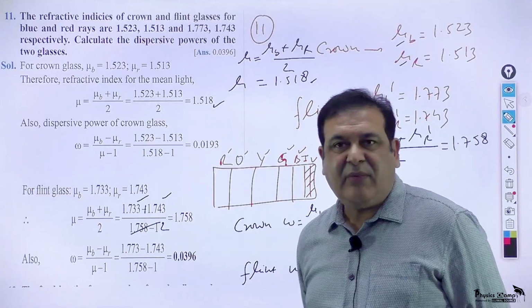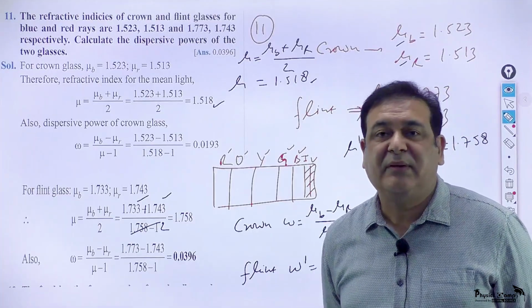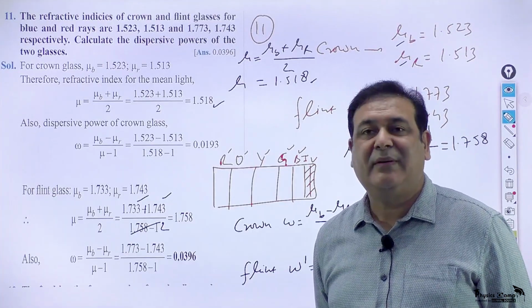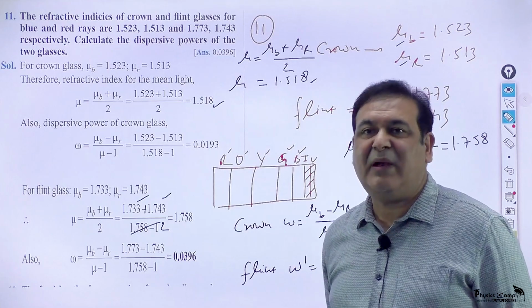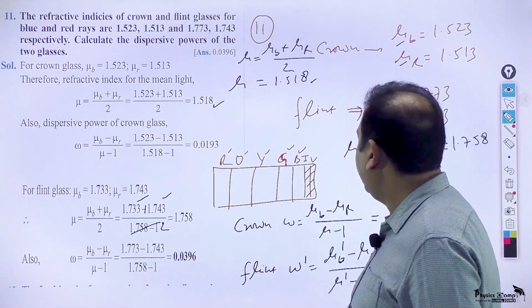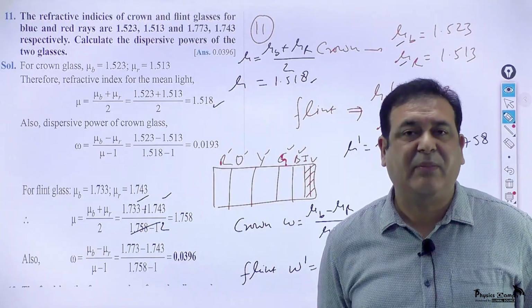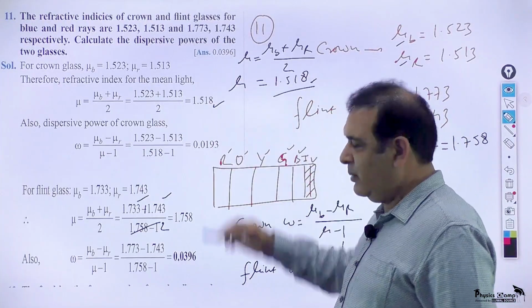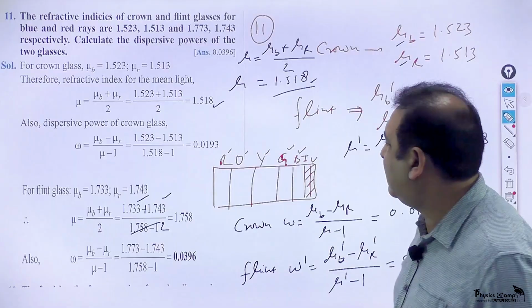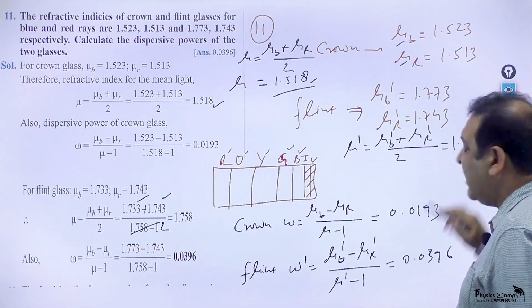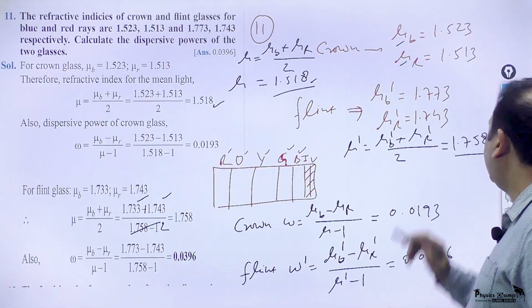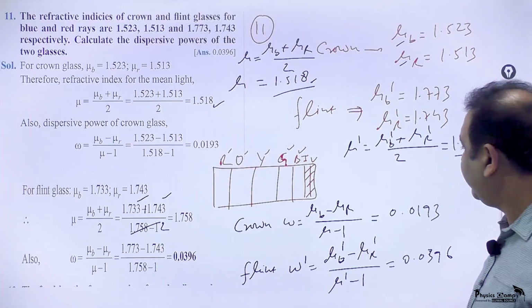This question was also giving one indication: the difference between crown and flint glass. Crown glass is a clearer glass with a refractive index of nearly 1.518, whereas flint glass is relatively optically denser, with a refractive index of 1.758.